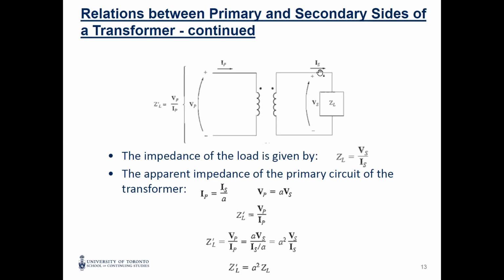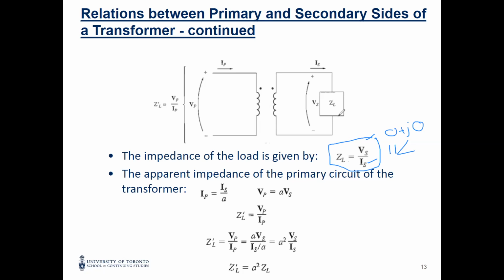So ZL is the voltage over the current. Of course, all in phasors. The voltage and currents are in phasors. Even the impedance will be a magnitude and angle, or real plus j imaginary. Okay, it's a complex number, a phasor.